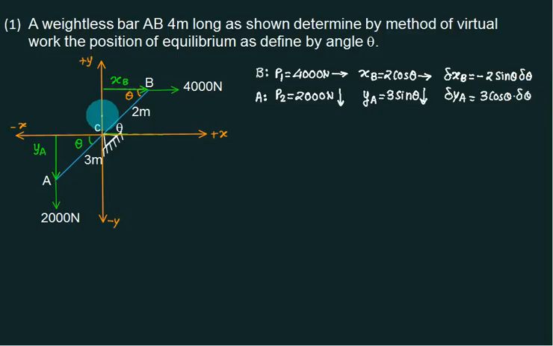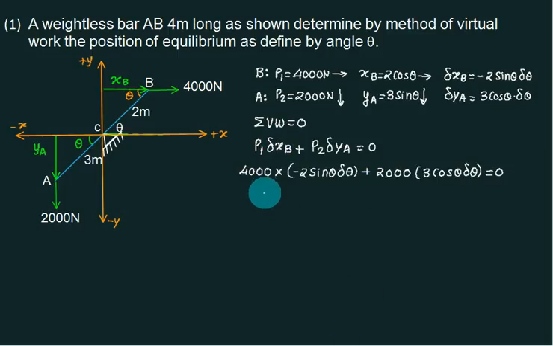Any other force? No. Apply the principle of virtual work. Check this direction, same direction. So first you have to write down P1 delta xB. Second one, downward, downward is the same, so this one is P2 delta y. Substitute.